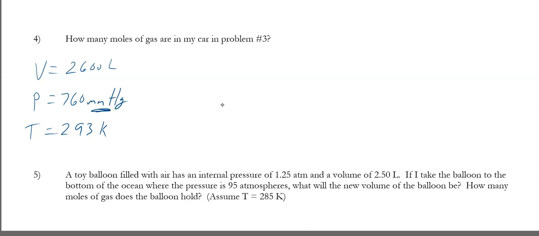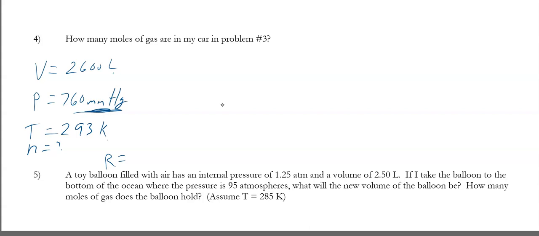We are looking for N, the number of moles, and we also need to go find our R value. Now our R value is going to be the one that has liters, Kelvin, and millimeters of mercury. So if you go back to your notes or look in your course pack, or you can even look it up online, you're going to see a lot of other R values there, so you have to be careful if you do that.